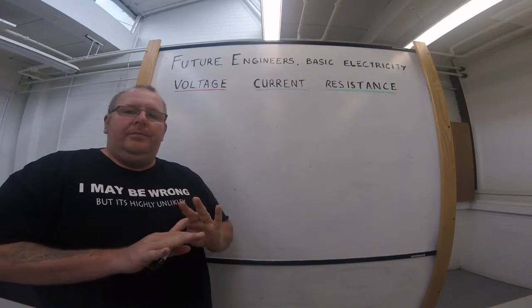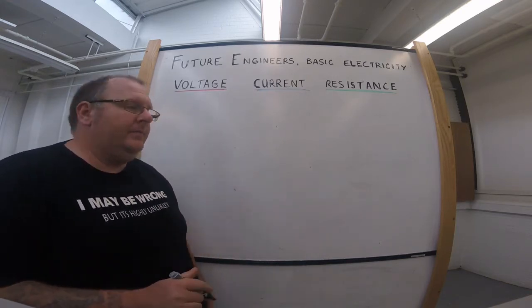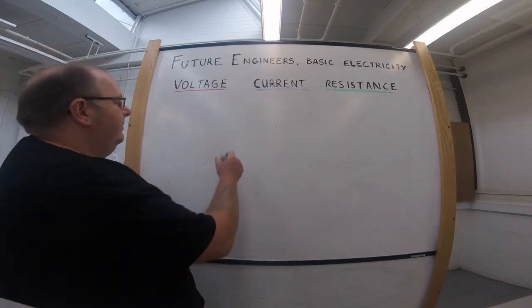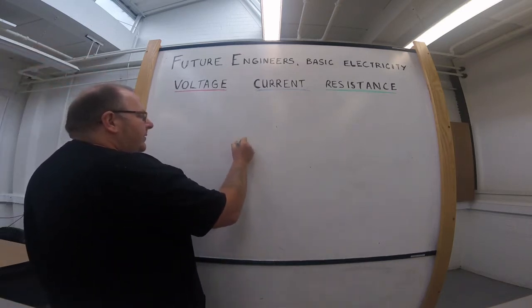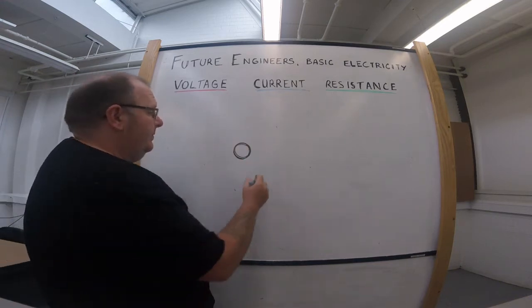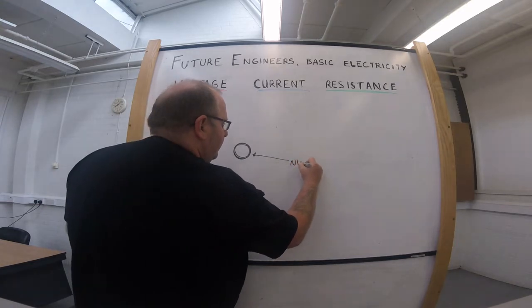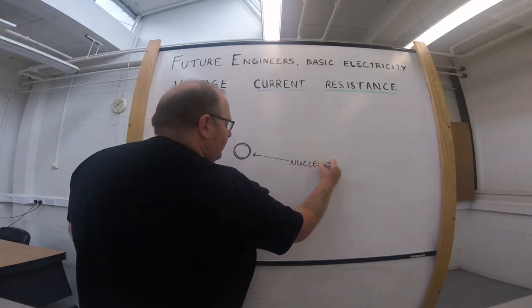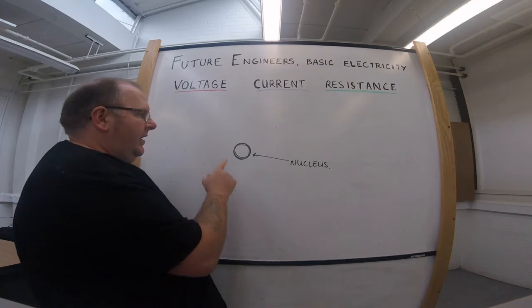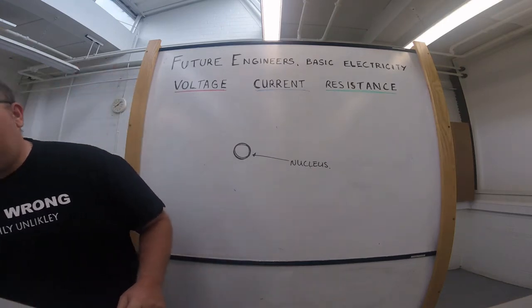all material everywhere in the universe is made from atoms. So I'll draw a picture of an atom. So in the centre we have a nucleus. Inside that nucleus there are two smaller particles that make the nucleus up.